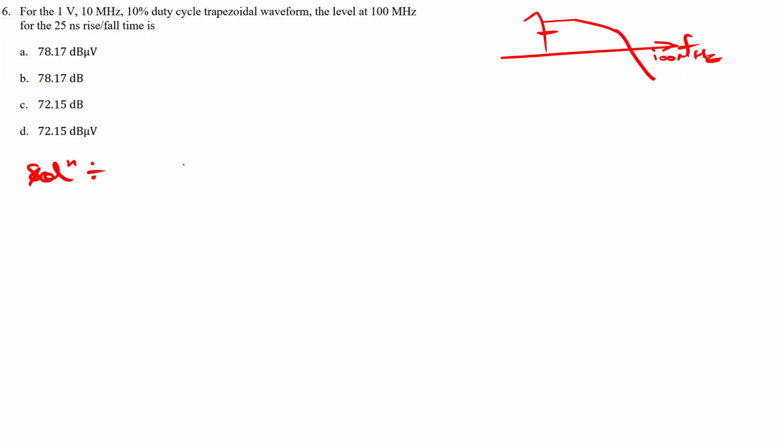So here the amplitude is given as 1 volt. Sorry, the frequency of this trapezoidal waveform is 10 megahertz. So the time period is 1 by 10 into 10 to the power 6, which gives 0.1 microsecond.